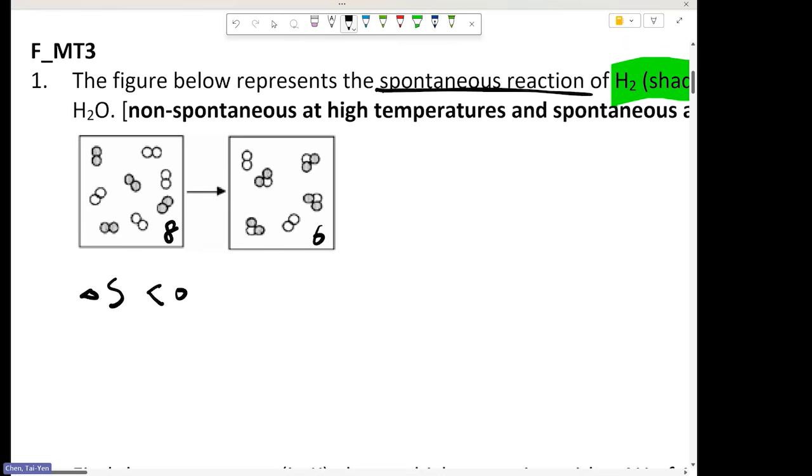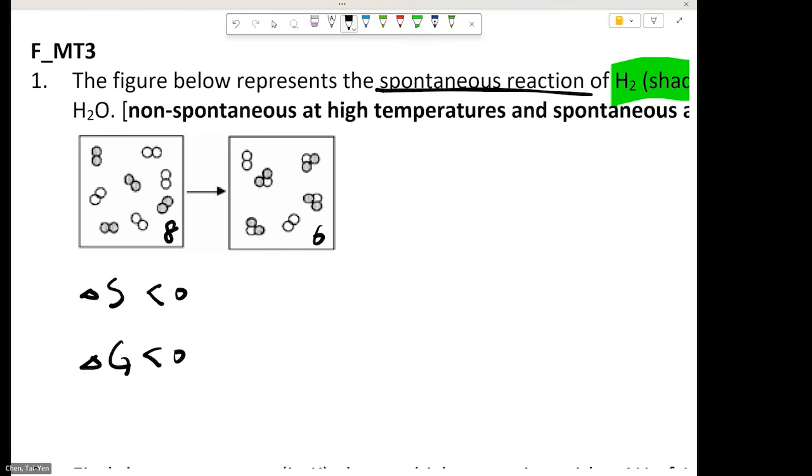But this question tells you this is a spontaneous reaction. What does it mean? Every time you see spontaneous reaction, you should think of delta G. Delta G is negative.